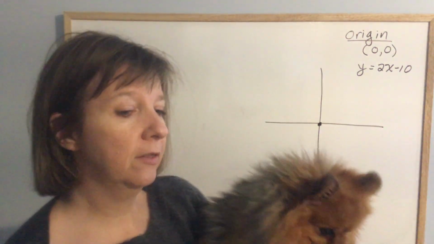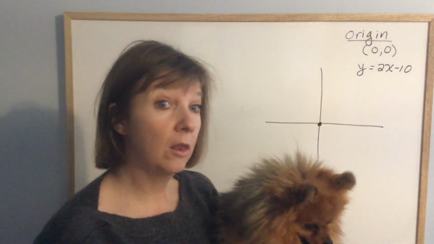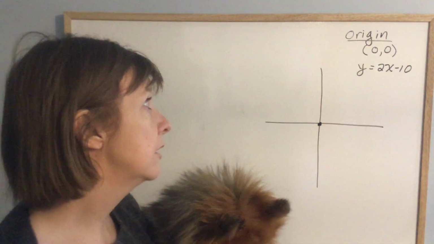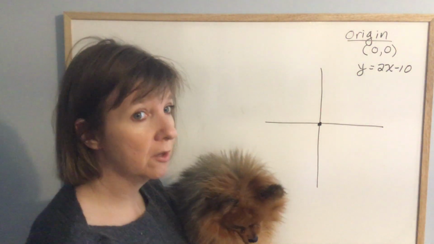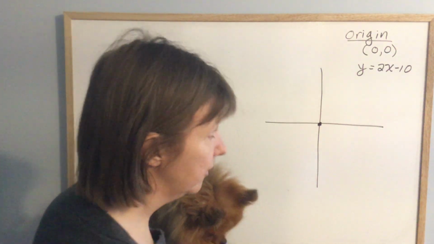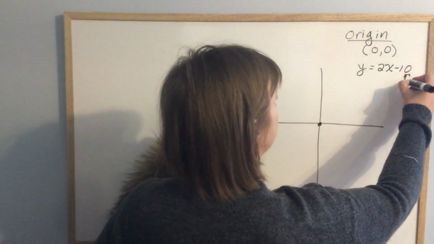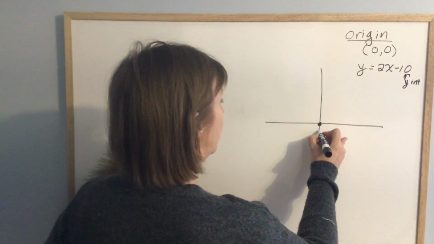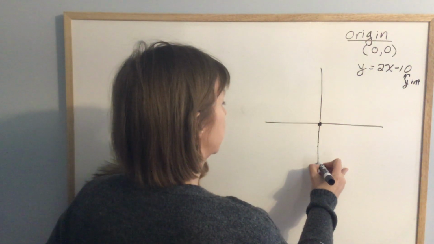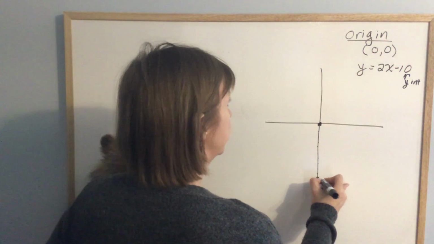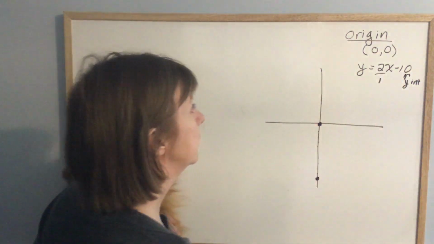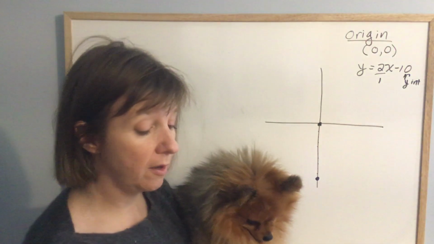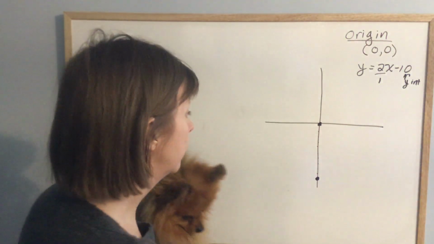The first skill that you have to know is how to draw a line. So if this is in y is equal to mx plus b form, which it is, my y-intercept is negative 10, so 1, 2, 3, 4, 5, 6, 7, 8, 9, 10. And my slope is 2 over 1, which means I go up 2 and over 1.